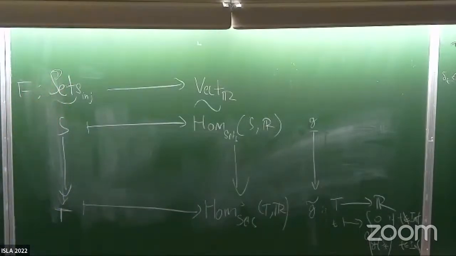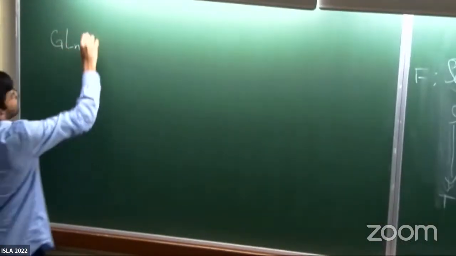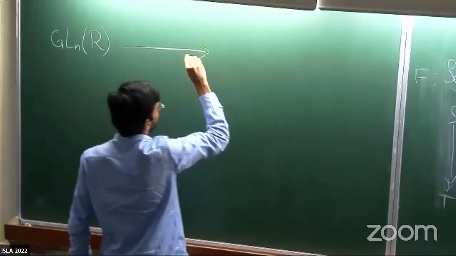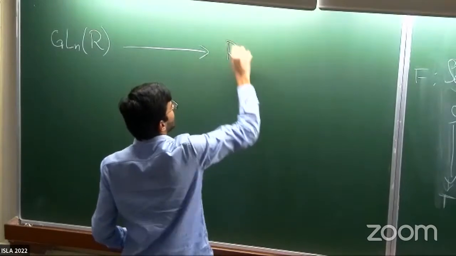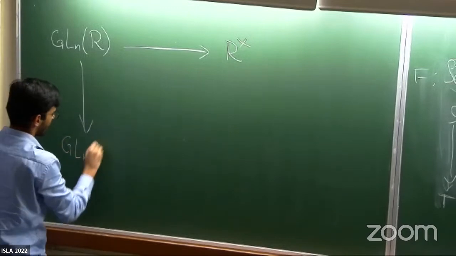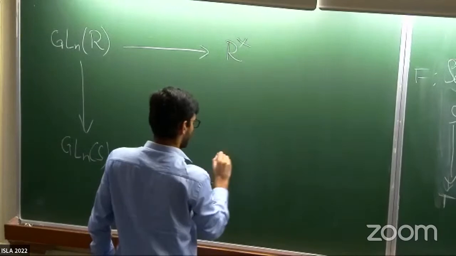Now let's go back. We made the following diagram yesterday. We had this group of n cross n linear matrices with entries in ring R, and we had this group of units, and we had GL_n S for another ring, and we had its group of units.